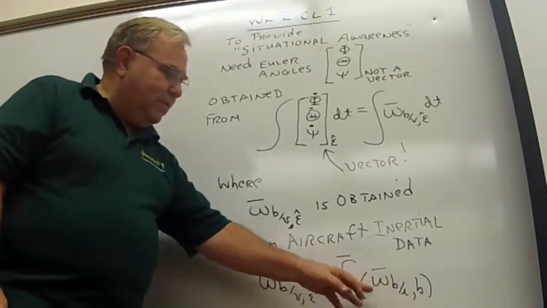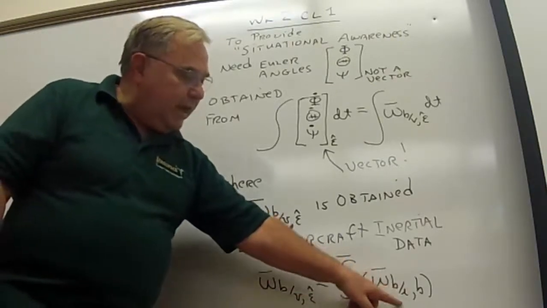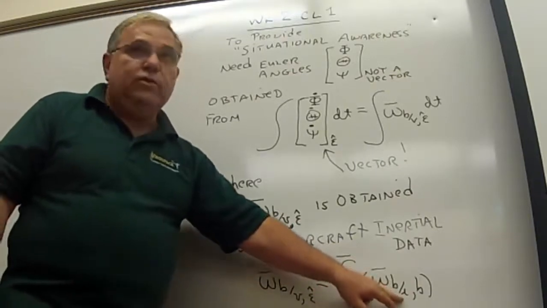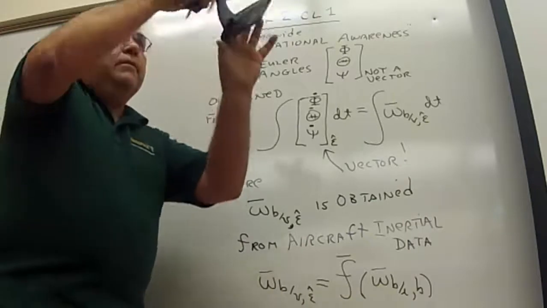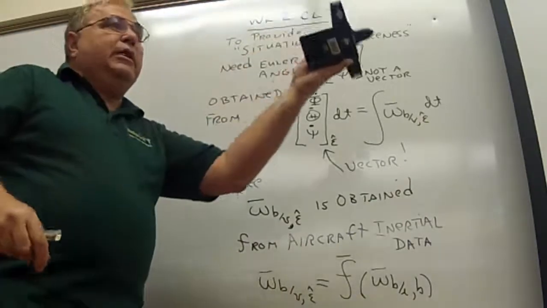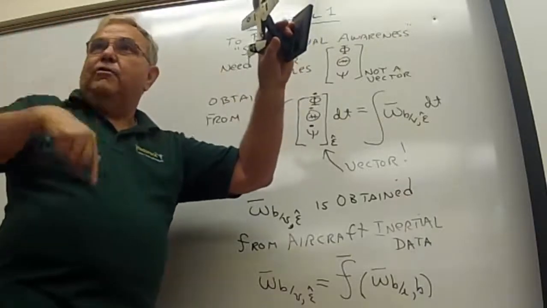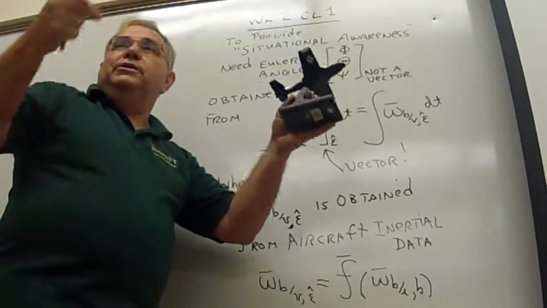And the inertial rates have a different symbol. We have here an omega of B/I, which means the angular velocity of the body with respect to inertial space. What you're seeing here is the angular velocity of the body with respect to E, Earth, fixed to Earth. If I was moving with it, then you'd see it with respect to V.